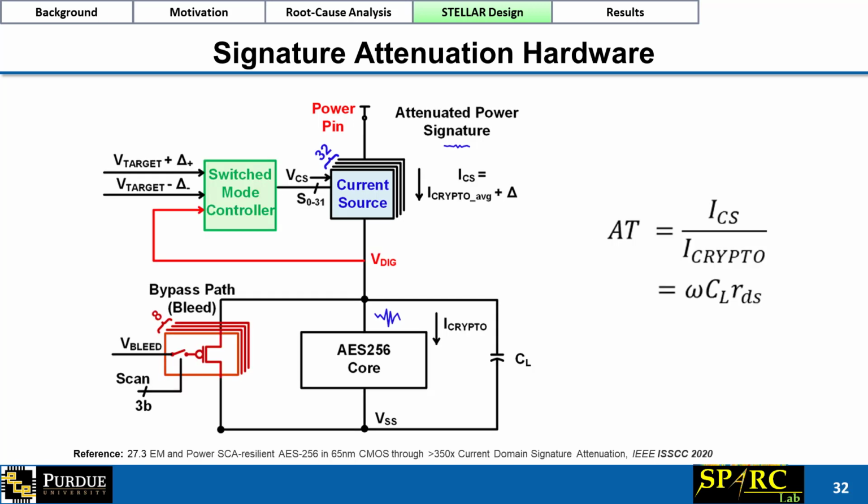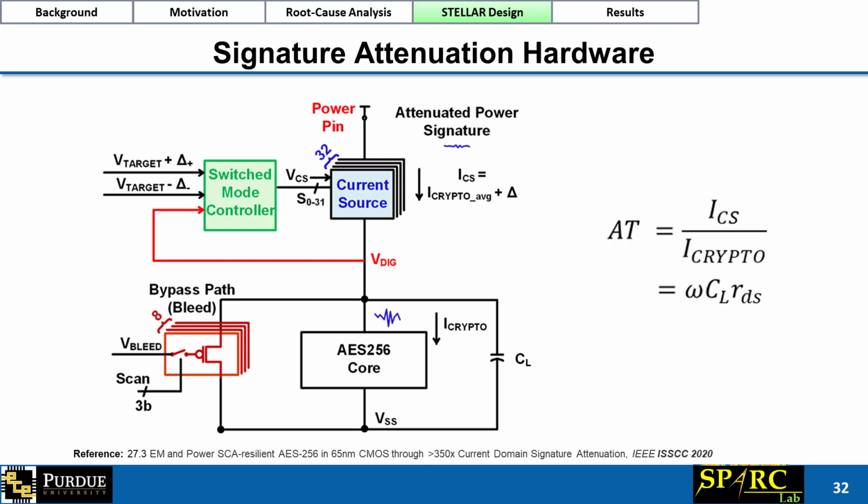Now for a practical implementation, we cannot have the supply current be the exact average crypto current. Hence, we allow a delta margin which is drained away through a bypass path in the form of a bleed PMOS, which also provides negative feedback leading to DC regulation.